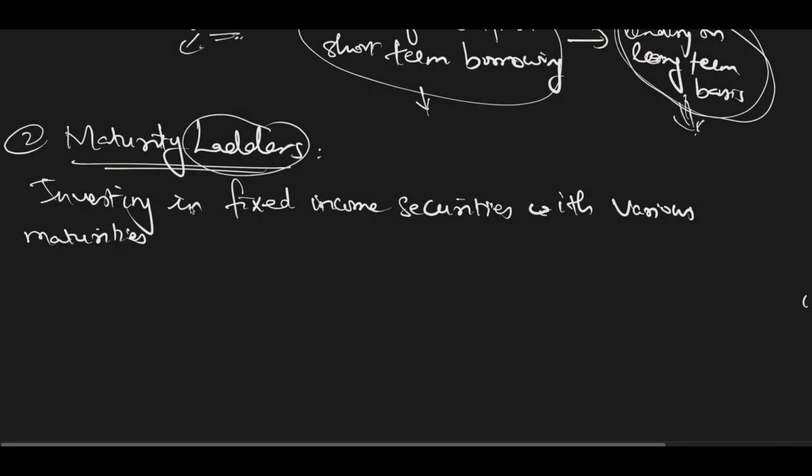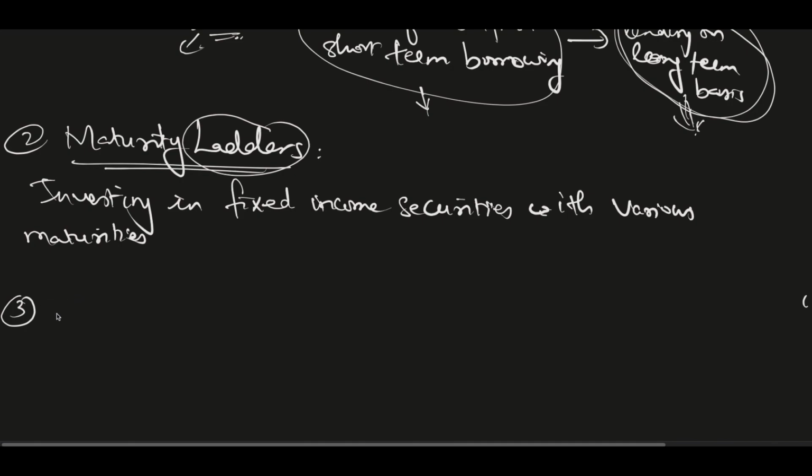Because it will be invested in various maturities, the cash inflow will keep happening. At regular intervals these fixed income securities will mature and you will keep getting cash flow. This way you will reduce liquidity risk. So this is maturity ladders, one way to manage your liquidity risk.